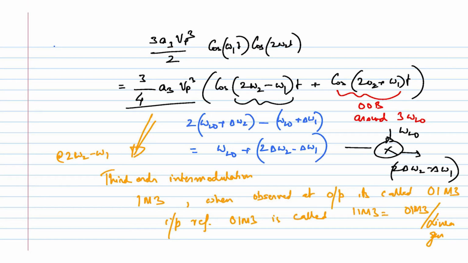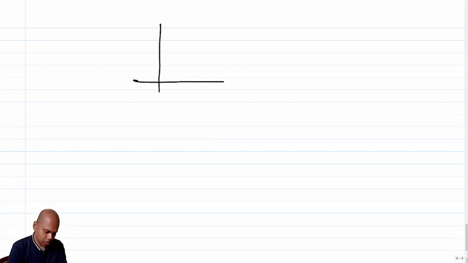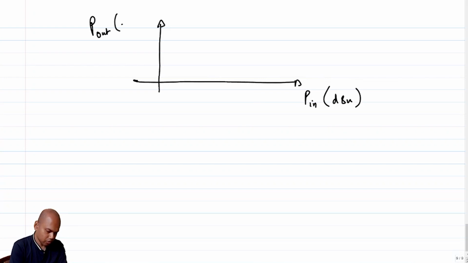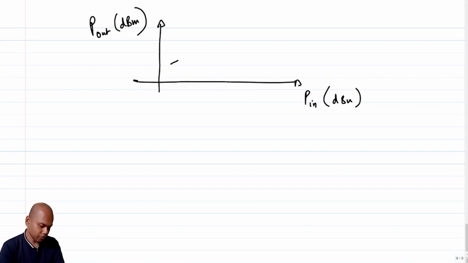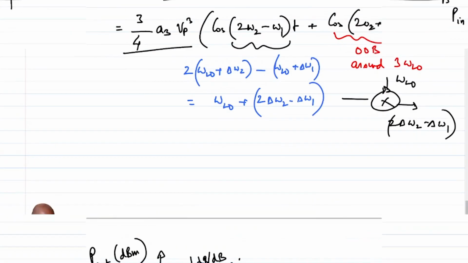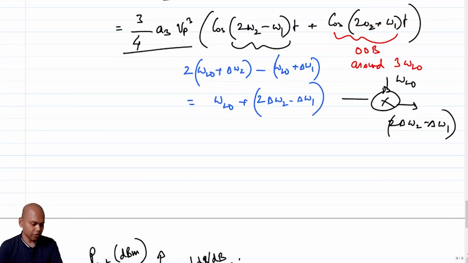So again, if I plot this, firstly, like before, let me plot P in versus P out. The fundamental, if I plot like before, will have a slope of 1 dB per dB. What about this 3 by 4 A3 VP cube?